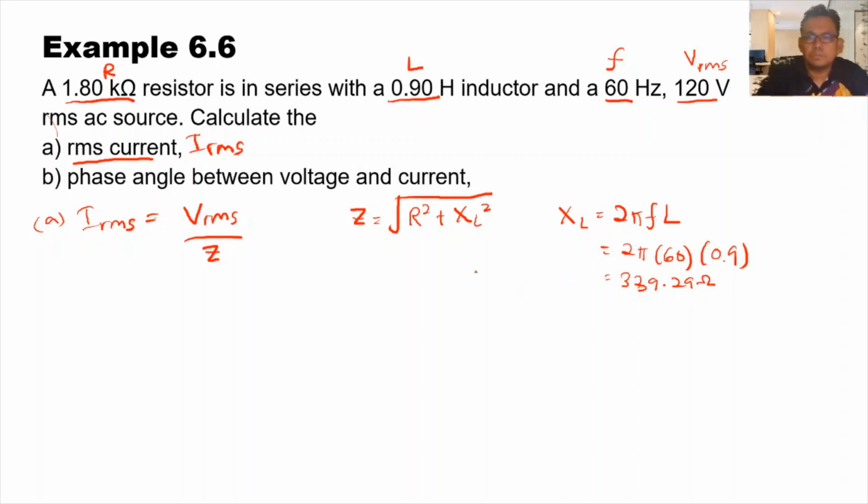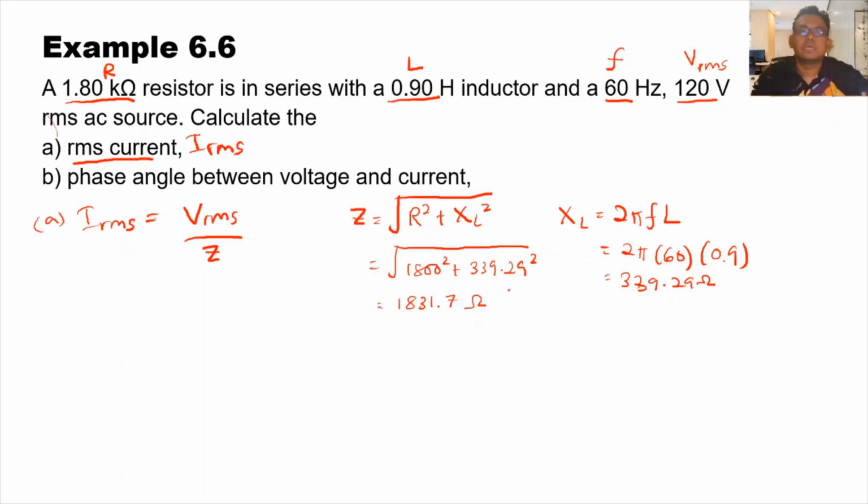Okay, put the values here in impedance: resistance 800, plus 339.29 squared, and we get the value 1831.7 ohm.